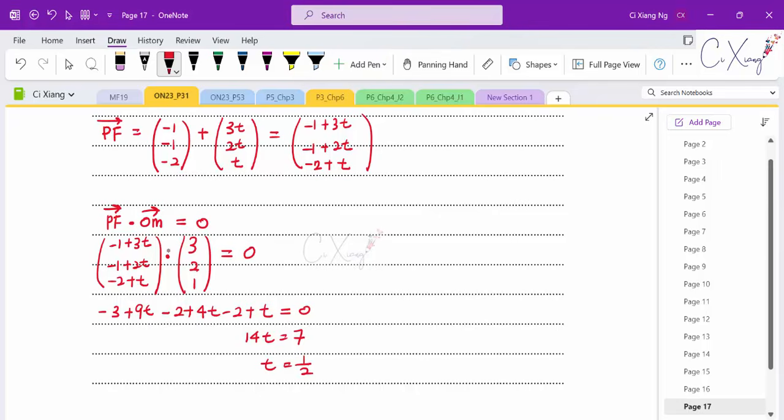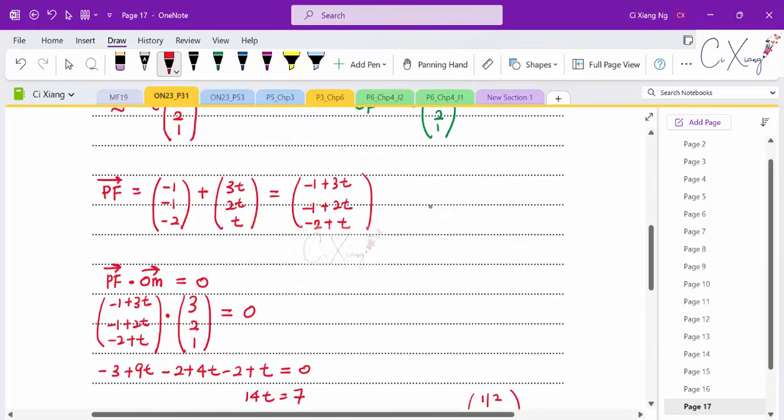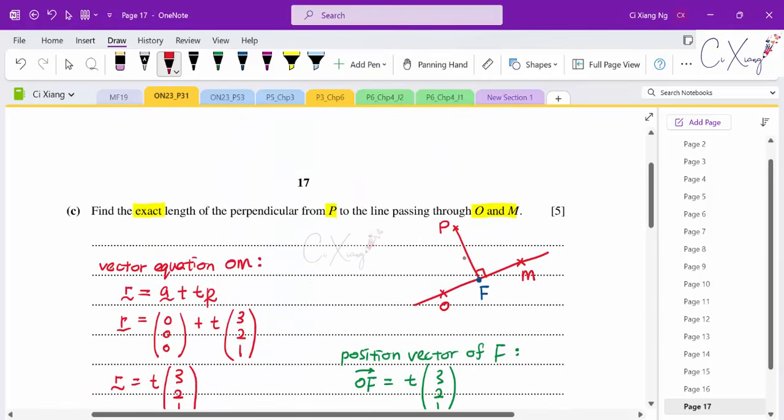When t equals a half, substitute back into the PF vector, and thus you can get the vector for PF. The vector PF is (1/2, 0, -3/2). Then to get the perpendicular distance between P and the line, it is actually the length of the vector PF.